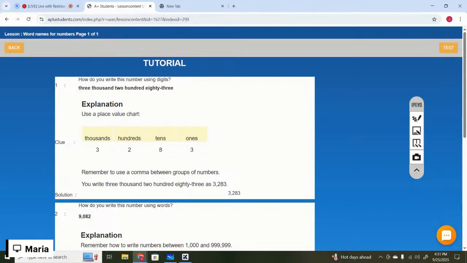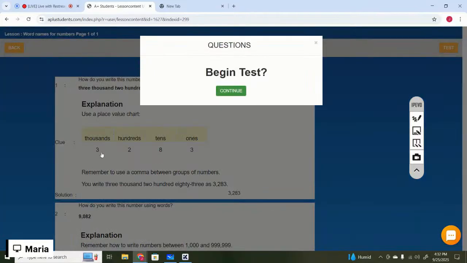So the digits they make together are 3, 2, 8, and 3. Let's just start with the test questions.